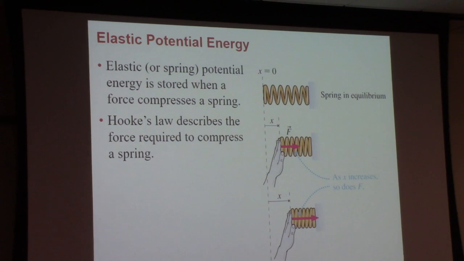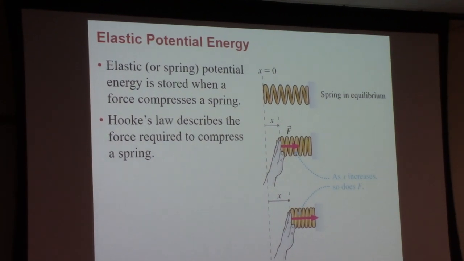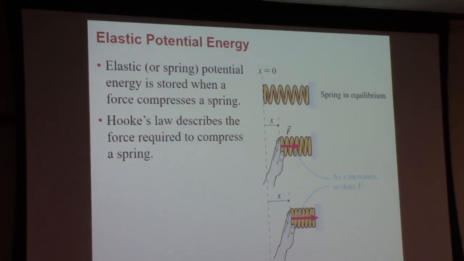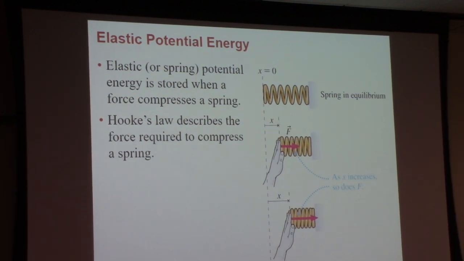Well, let me say something about Hooke's law. It says here, Hooke's law describes this. You won't see Hooke's law until you get into like chapter 8 of the book, so let me tell you what it is really quick.